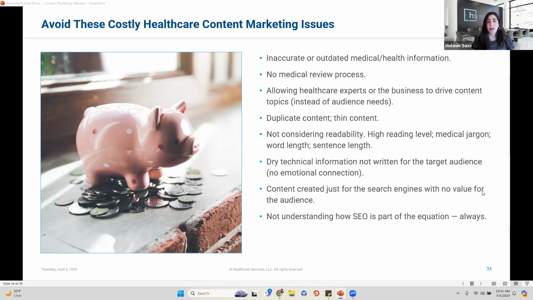No medical review process. There are a lot of websites that the doctor or medical professional didn't even have a chance to review. That's definitely not okay because it might not properly represent what your business does. A good example of this is, we've had clients in the same industry doing the same treatment.